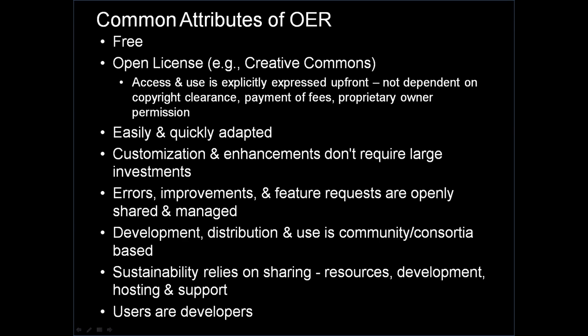So they tend to be free, they tend to be open licensed through Creative Commons in the case of OER, where access is explicitly expressed up front. Open things tend to be easily and quickly adapted, and you can form a community around those to generate customizations and enhancements to improve and correct errors. And so there's this whole reliance around continuing these things and making them sustainable through sharing.